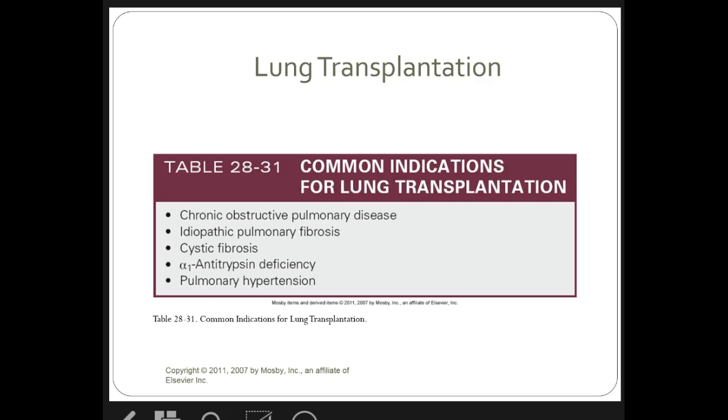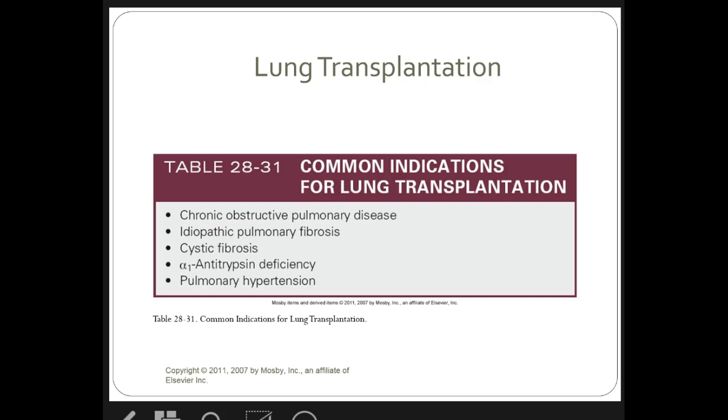Very important, the biggest thing when someone has a lung transplant is the care. They are going to be on a ventilator for a while. They are going to have chest tubes because of the surgical incision. Routine post-op care in staging them and getting them off the ventilator.